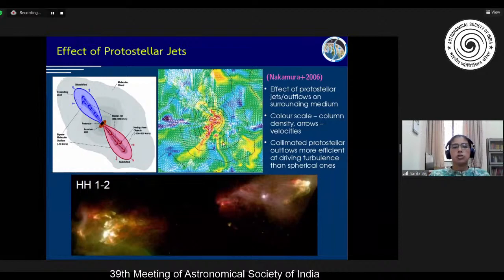This is a simulation which is showing how the protostellar jet, here the arrows indicate the velocity vectors, is actually driving or affecting the surrounding interstellar medium.